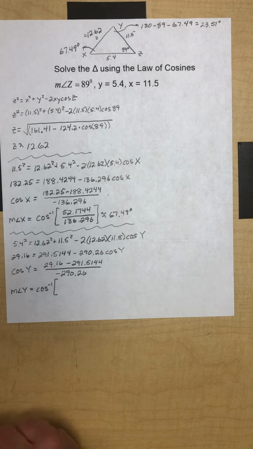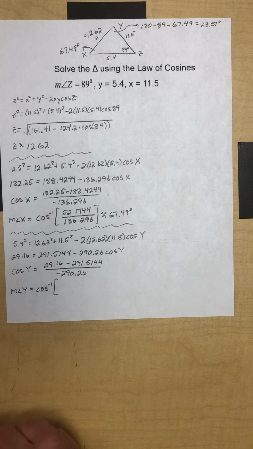Okay, so second cosine inverse, 262.3544 divided by 290.26. Hit enter. And I am getting 25.33.